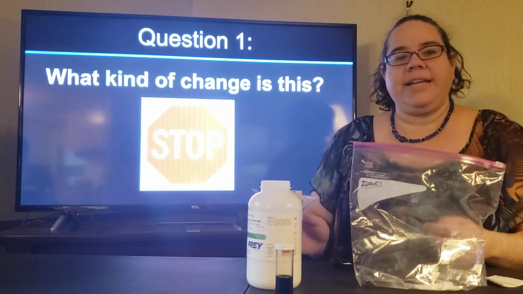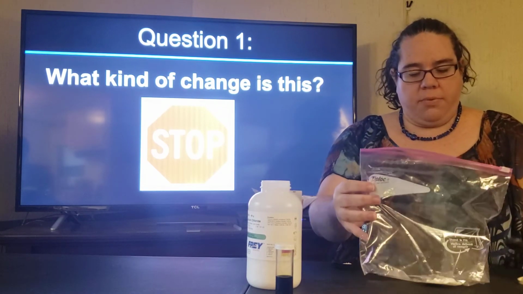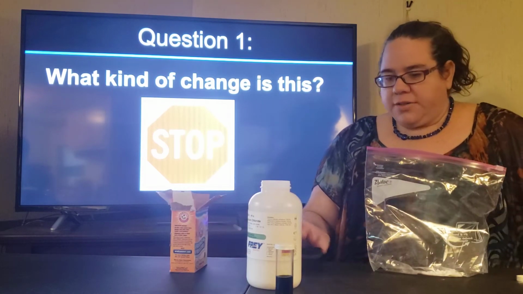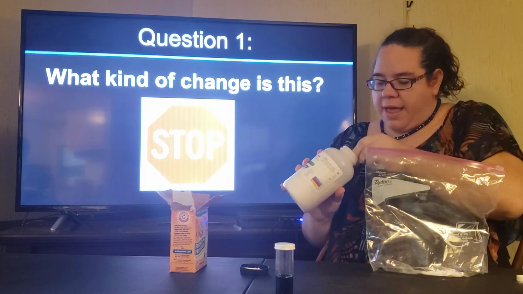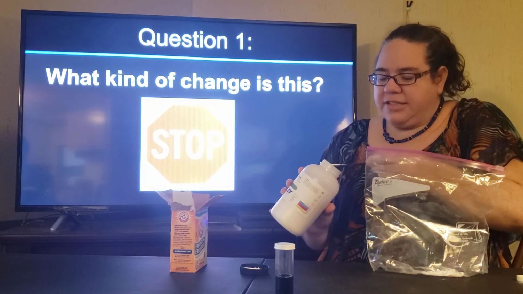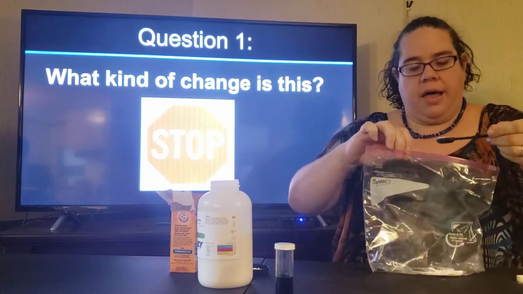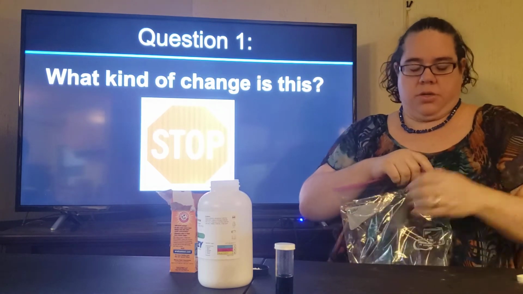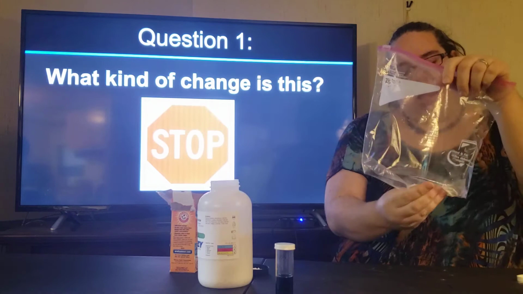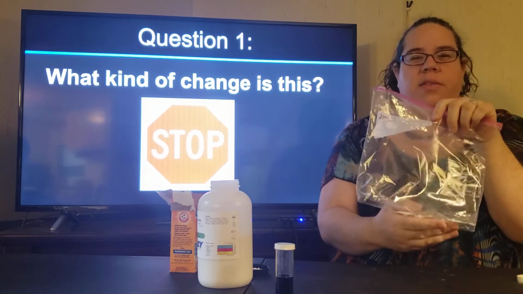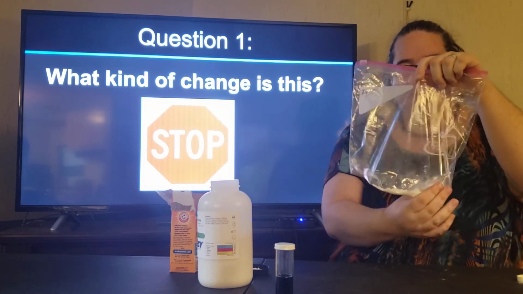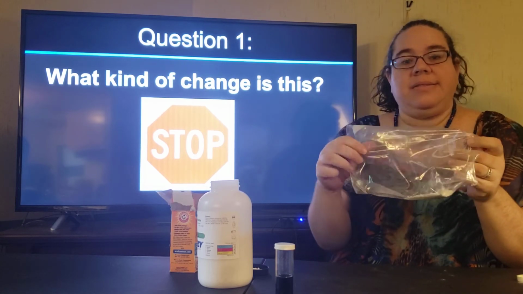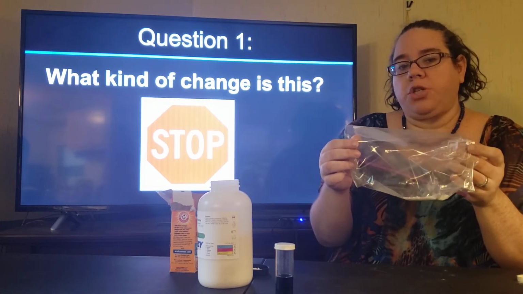Okay, so 1 teaspoon of my baking soda, and I'm going to combine it with 1 teaspoon as well of my calcium chloride. Okay, so I'm just going to gently zip that up and just kind of mix it together with my hands on the outside of the bag. So, question 1, what kind of change is this? Is this a physical or a chemical change?